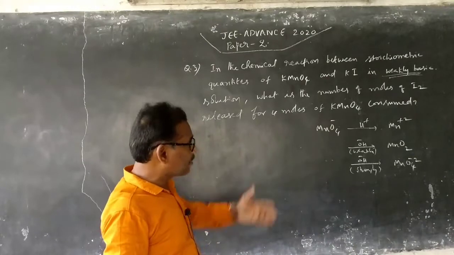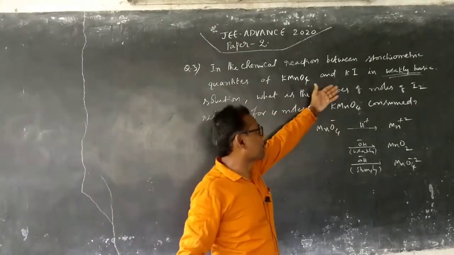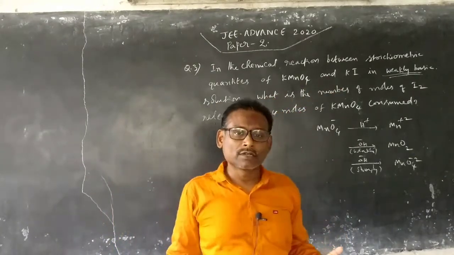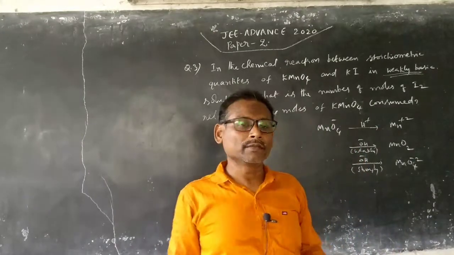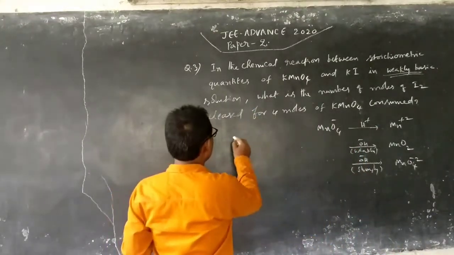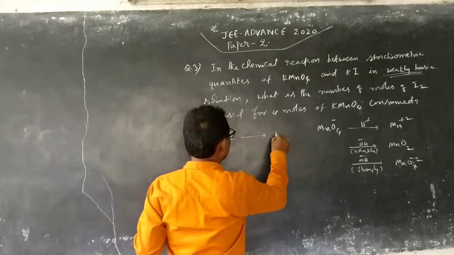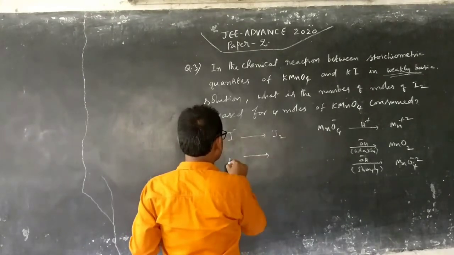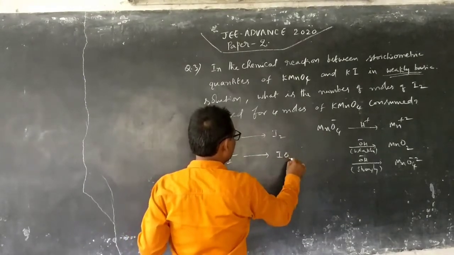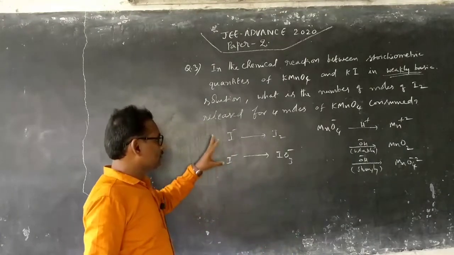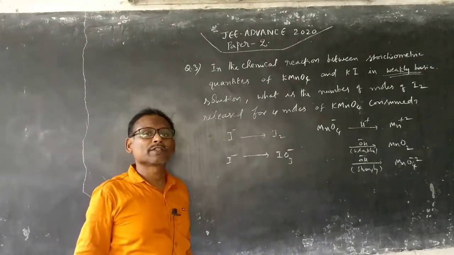And if you think about iodide, there is an interaction with potassium iodide. This iodide conversion is also influenced by the medium. Normally iodide is converted to I2, and there is also scope of conversion of iodide into IO3 minus. Which conversion takes place is influenced by the medium.